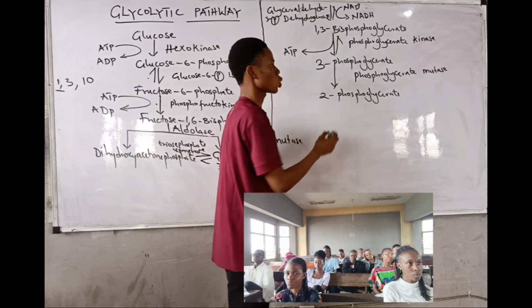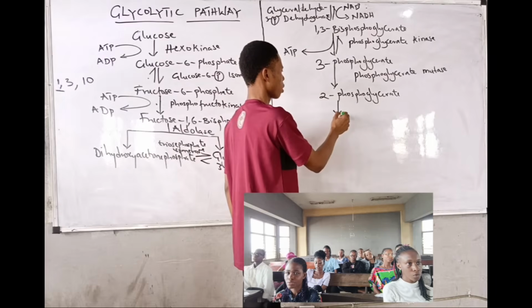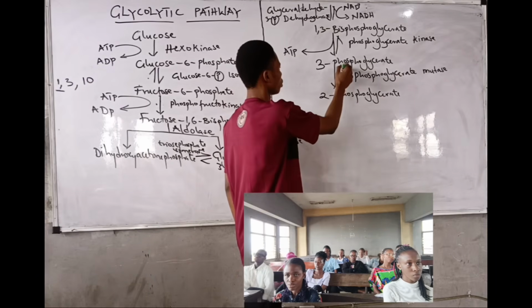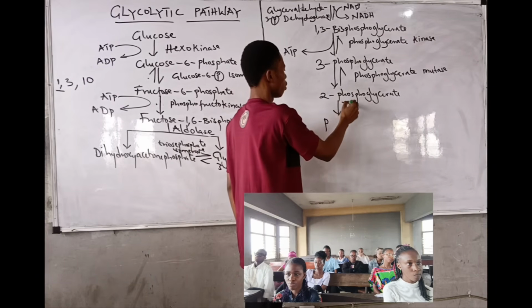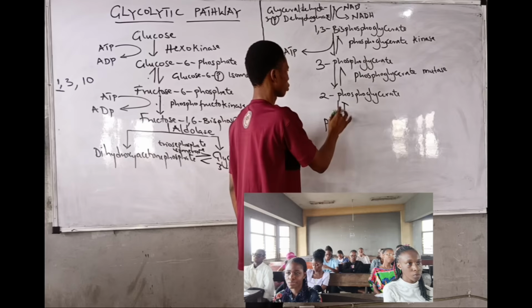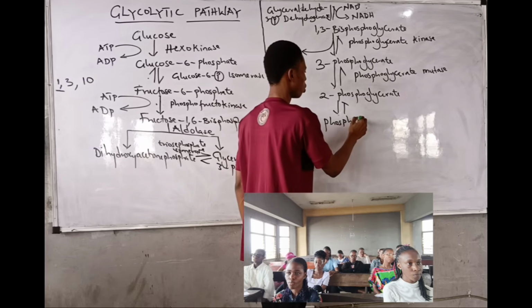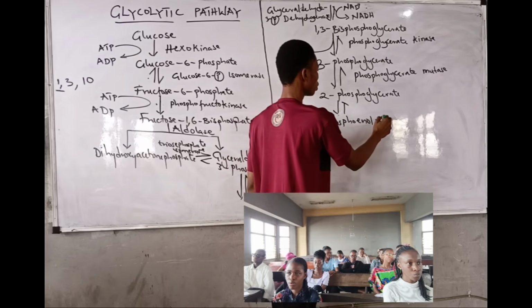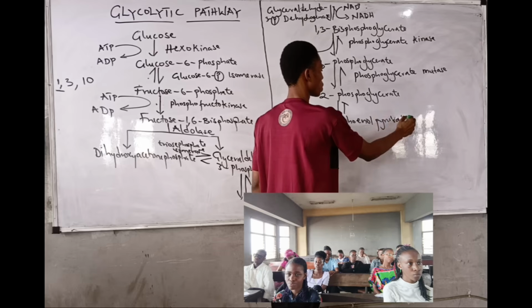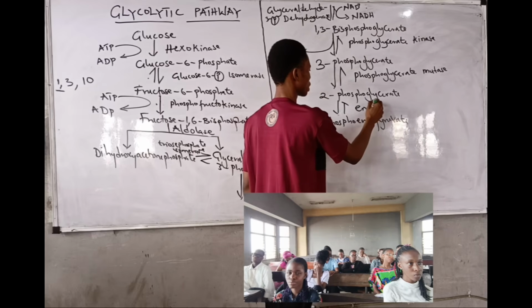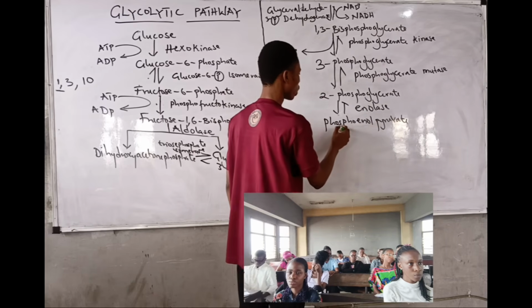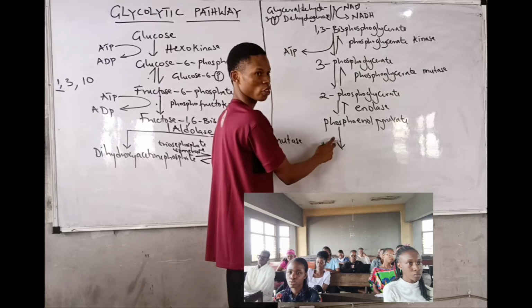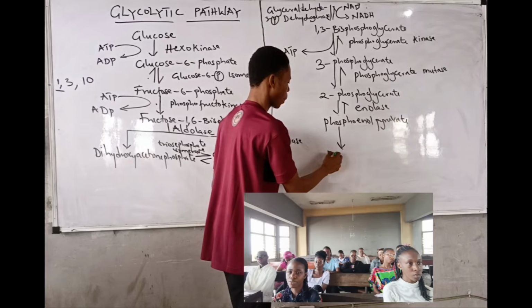Now from 2-phosphoglycerate now to what? Phosphoenolpyruvate. The name of the enzyme here is what? Enolase. And from phosphoenolpyruvate, step 10 is irreversible to what?